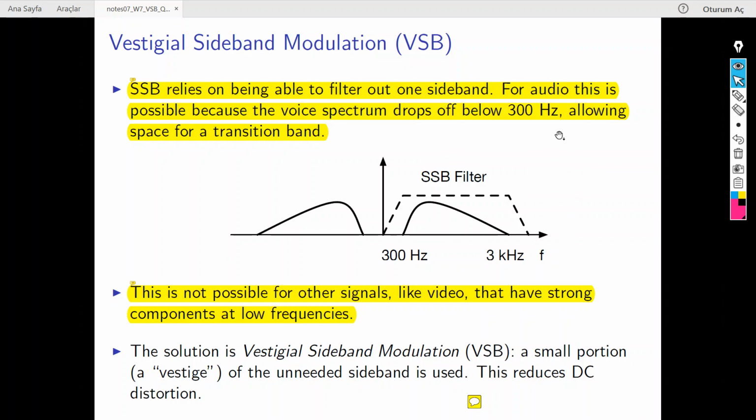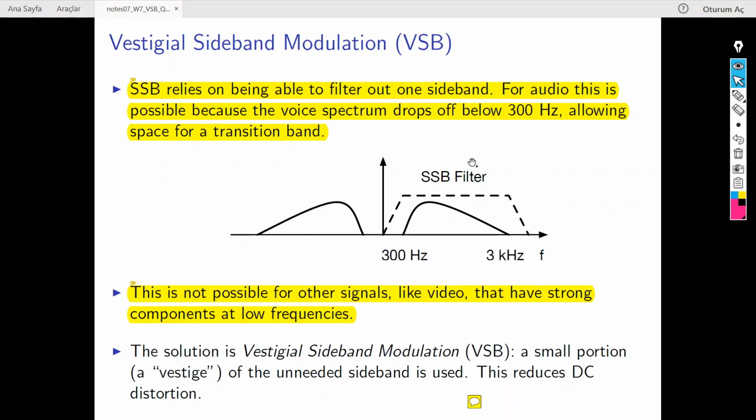This natural feature of your audio results in leaving some space, some band. And I can utilize this band in order to design a filter with practical parameters. This filter has a certain transition, and the transition here will not cut any part from the other adjacent signals.